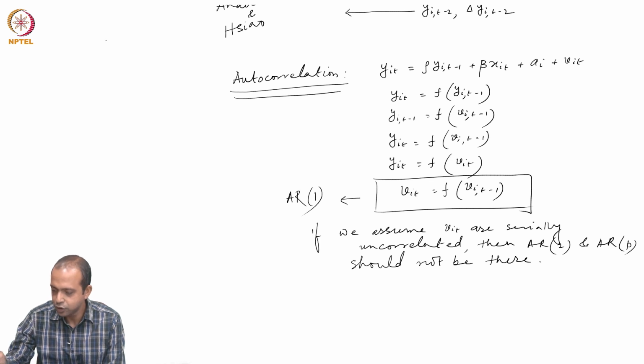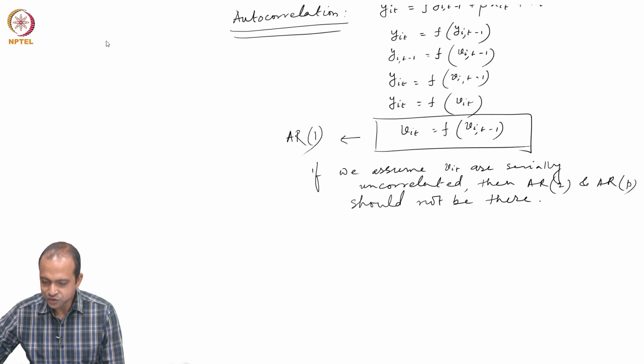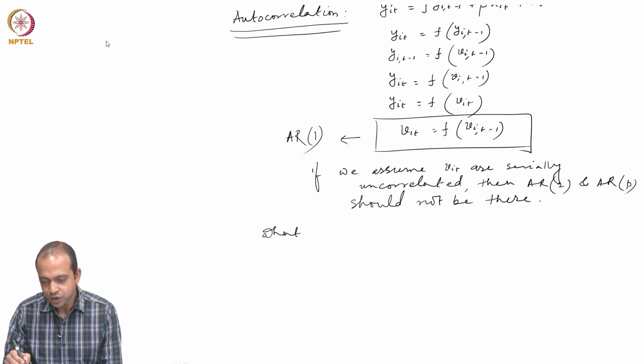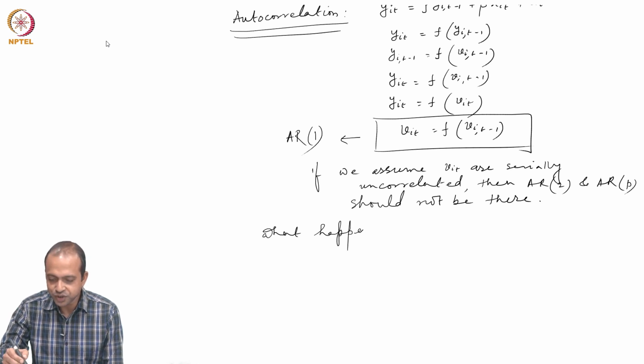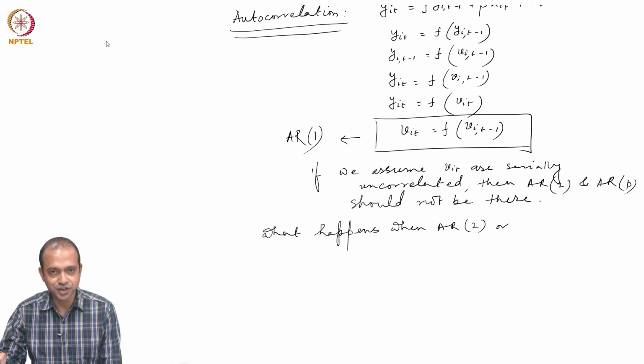If we look at the instrument we are using, YIT minus 2, we assume that YIT minus 2 would be correlated with delta YIT minus 1, but not correlated with delta VIT.